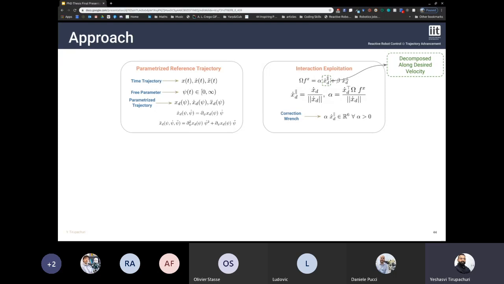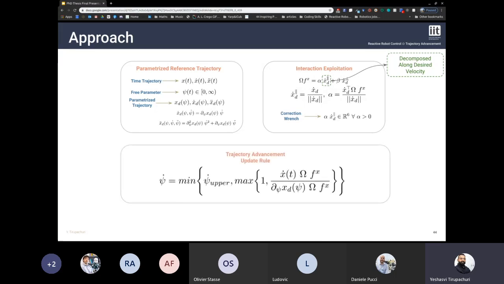In this case, we perform a Lyapunov analysis to arrive at an update rule for the trajectory advancement. This is the update rule, where this indicates the rate of advancement along the trajectory that depends on the measure for the trajectory advancement, which depends on the value of the interaction wrench.